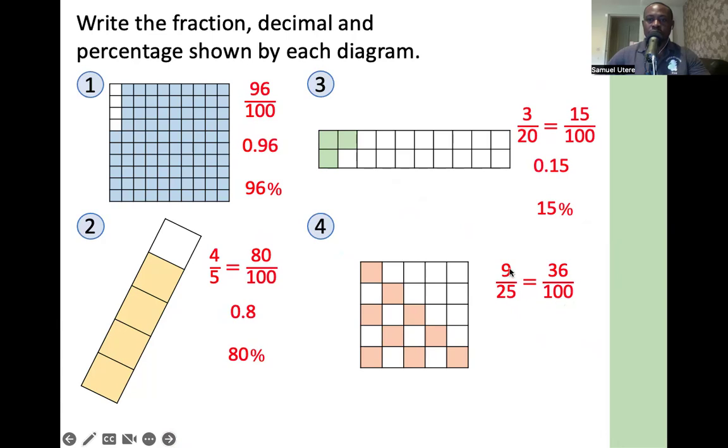And we need to do the same, 4 lots of that will give us 36, because whatever we do to the denominator, we have to do the same to the numerator. So 9 times 4 is 36, 25 times 4 is 100. So that's 36 hundredths. That is equal to 0.36. And as a percentage, that is 36%.